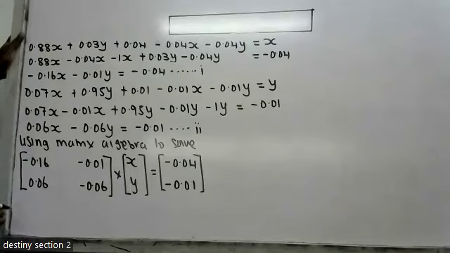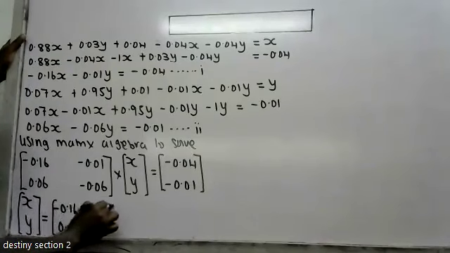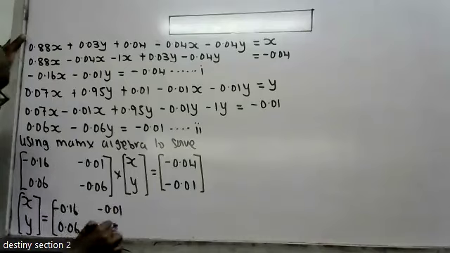So on solving, we say x, y is equal to this matrix, coming here: minus 0.16, 0.06, then minus 0.01, minus 0.06.